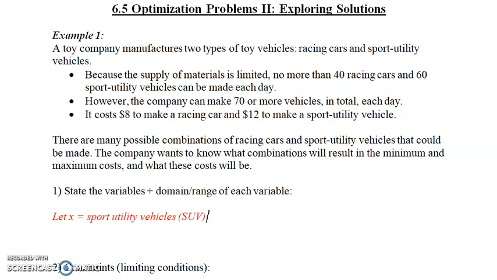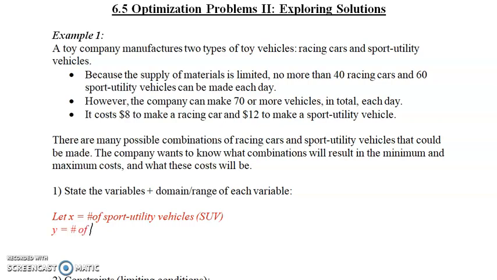And in short, SUV. If I say SUV instead of sport utility vehicle, it's just short. And then we'll let Y equal the number of racing cars, and we just call them RC, just for short.